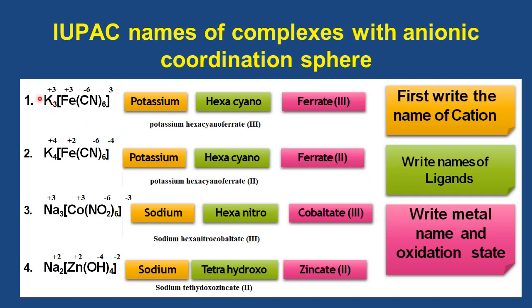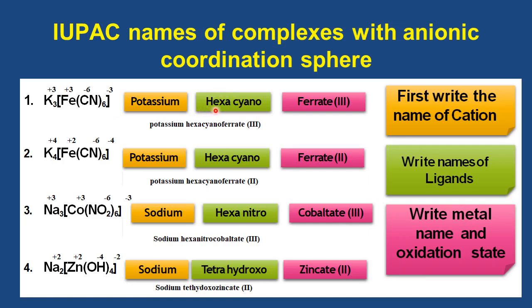Secondly, we name the coordination sphere. Starting with the ligand, we have only one type of ligand, which is CN, and how many cyanide ligands? 6. So the prefix hexa is used and the name is hexacyano.